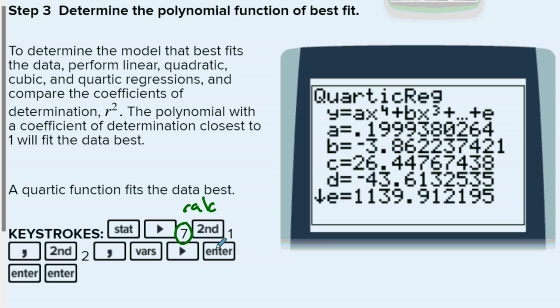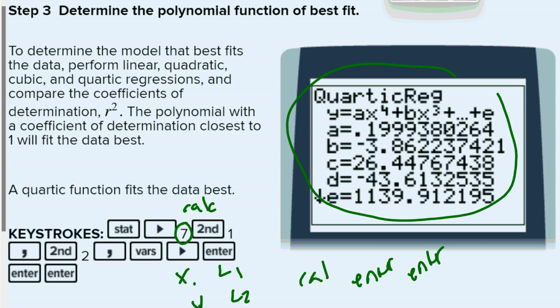Hit enter. Then you want your X list to be list 1 and your Y list to be list 2. Go all the way down to calculate, hit enter, and hit enter again. It should pop up with this information here.